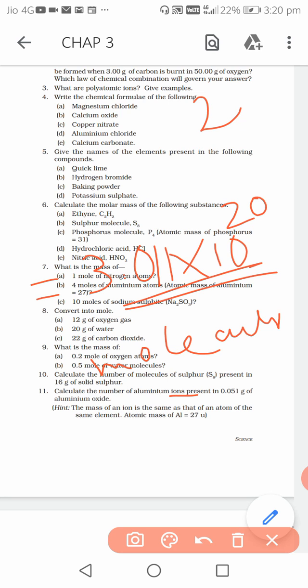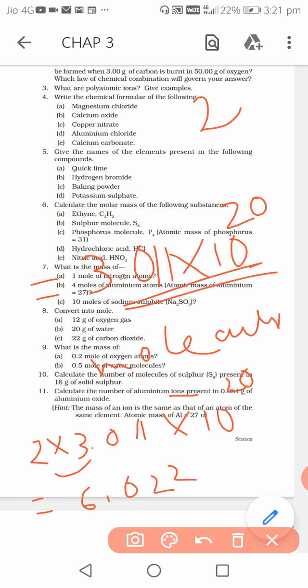So below you will write, therefore the total number of ions is equal to how much? 2 into this value, 2 into 3.011 into 10 to the power 20 ions. If you multiply 2 with this, 6.022 into 10 to the power 20 ions.